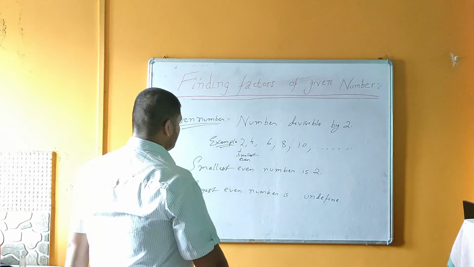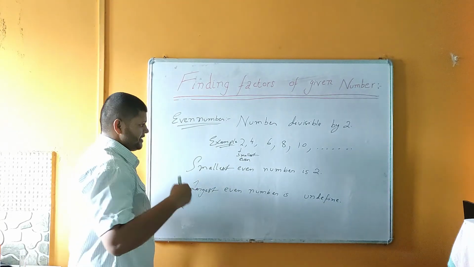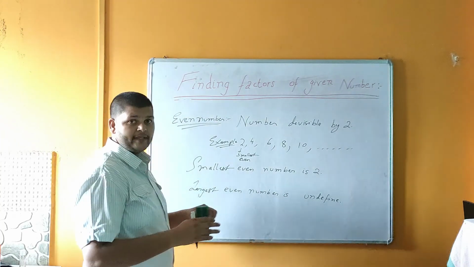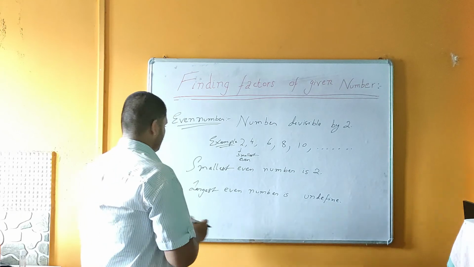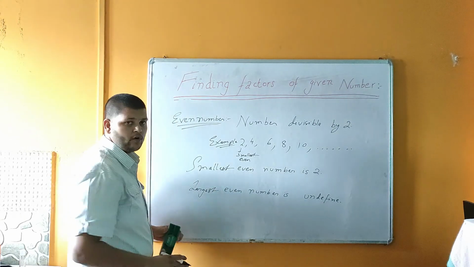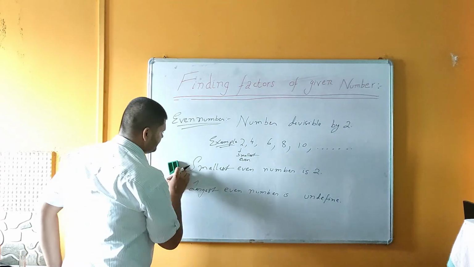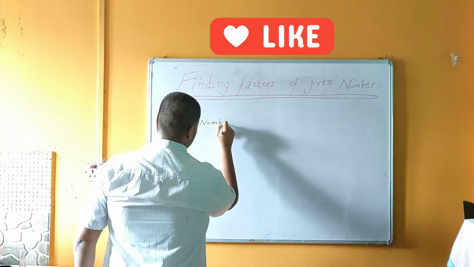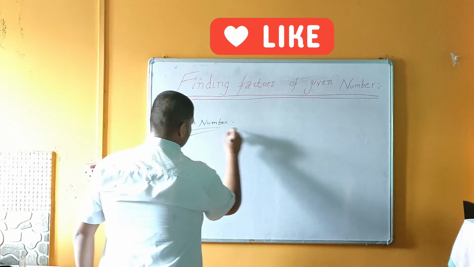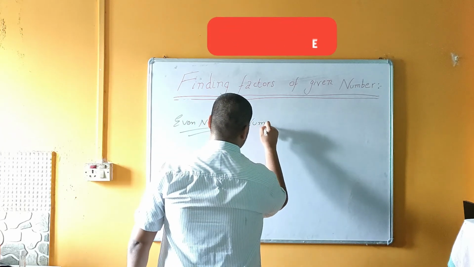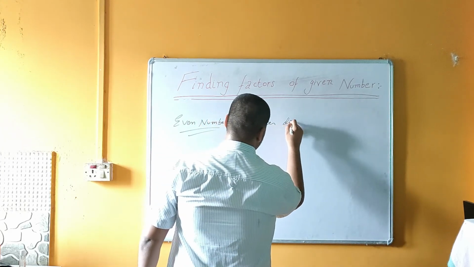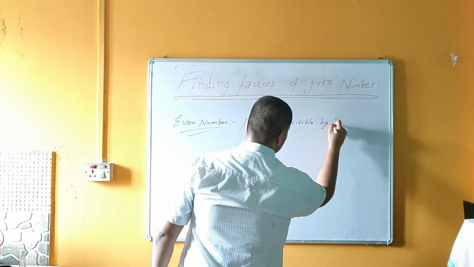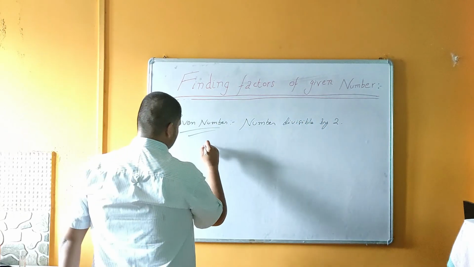Okay. Now I will take one example and we are going to see whether that number is even or not. I am erasing this. Simply you can note it down. Even number: a number divisible by 2. So let's see.